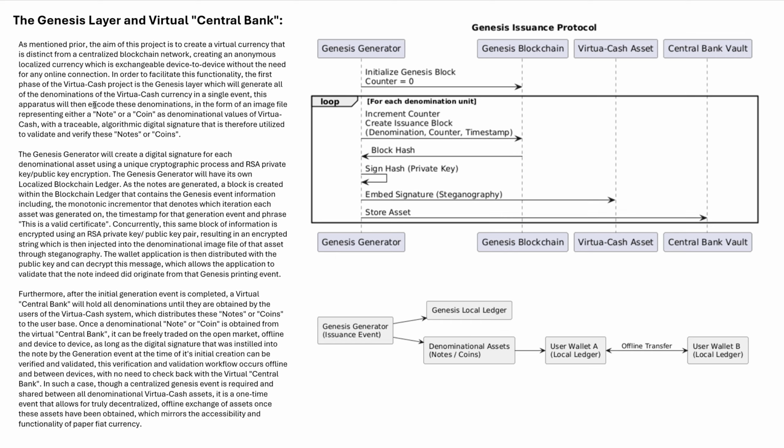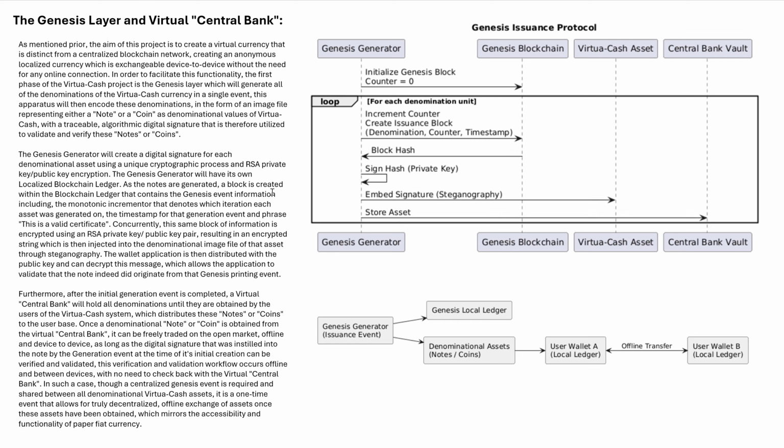This apparatus will then encode these denominations in the form of an image file representing either a note or a coin as denominational values of Virtual Cash, with a traceable algorithmic digital signature that is utilized to validate and verify these notes or coins. The Genesis generator will create a digital signature for each denominational asset using a unique cryptographic process and an RSA private public key encryption.